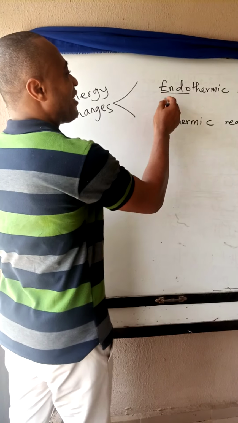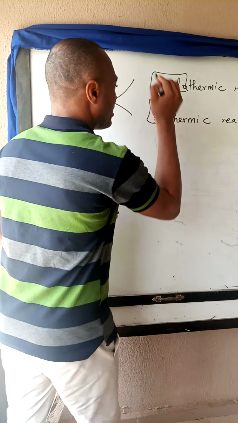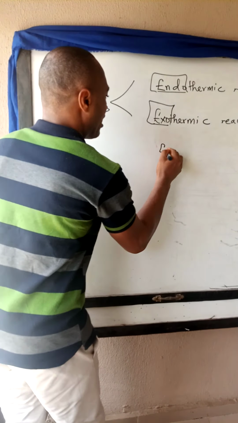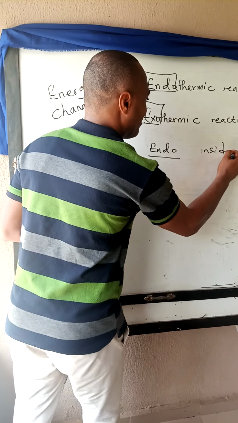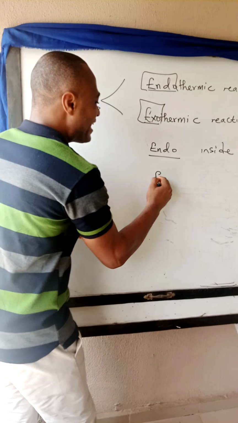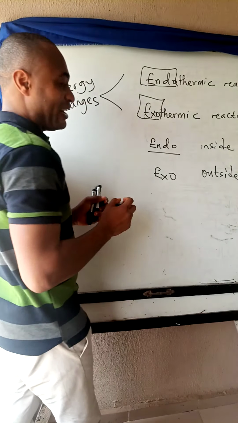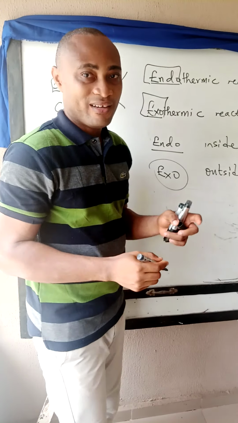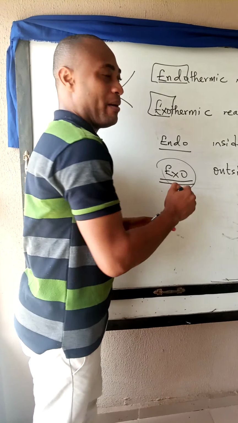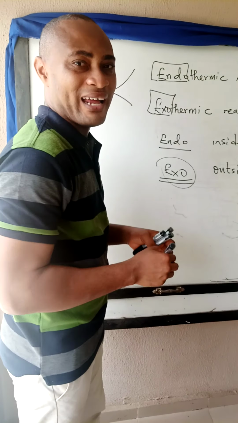So we have endo and exo. Endo has to do with what? Inside. While exo has to do with outside. Organisms that have their skeletons outside their body have the word exoskeleton, things like crabs and the rest of them.